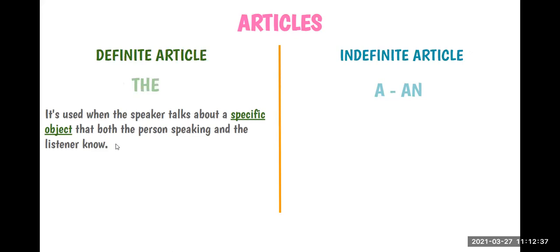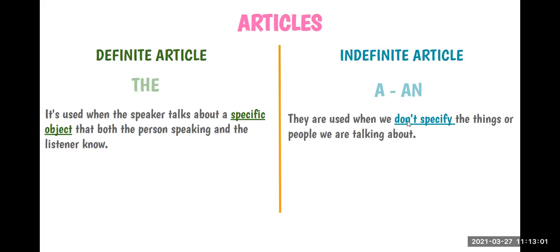Okay, for example, if I tell you the class starts at 7:30, you know that I am talking about the English class, and I know that I am talking about the English class. So we are talking about a specific class, right? The English class. And we use a or an when we don't specify.